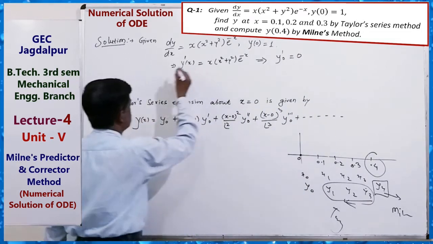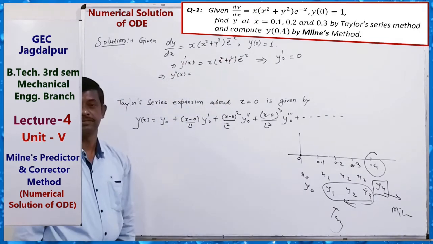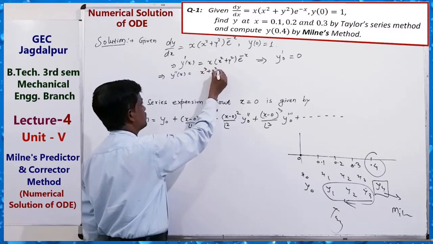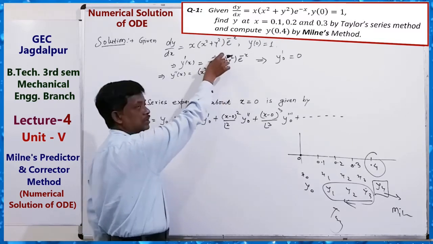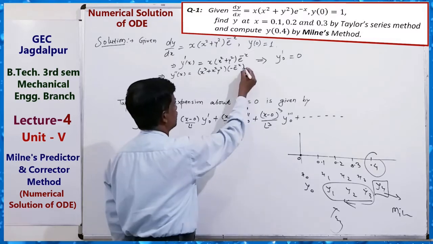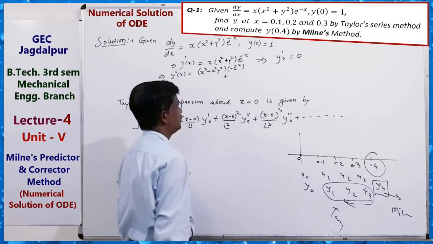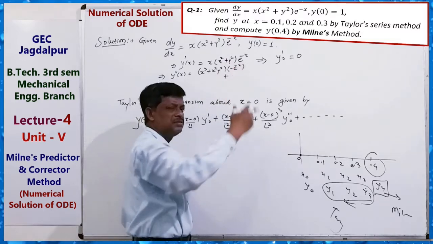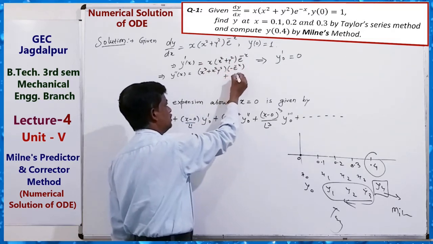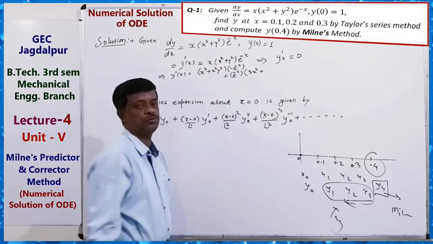Clear? Now do the second derivative. Differentiate it. Multiply: the first function is x cube plus x square y square. Differentiate using first function into derivative of second function plus second function into derivative of first function: 3x square plus x square y square, two functions are there.